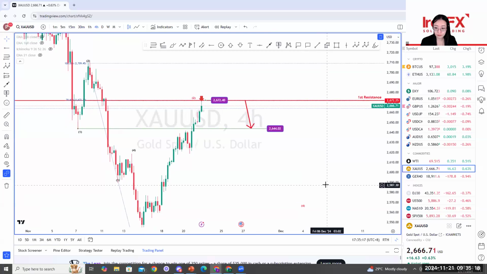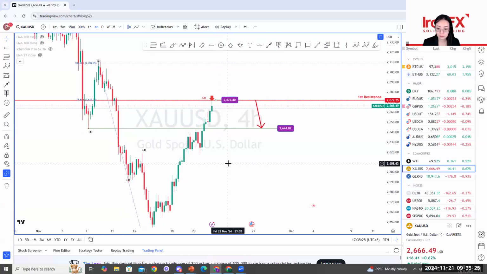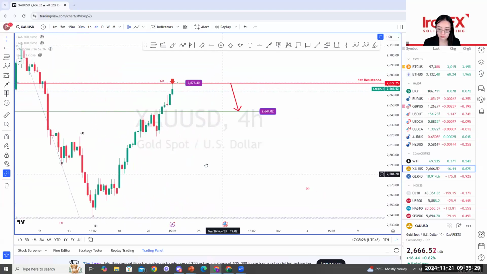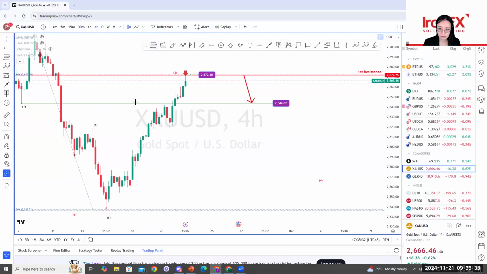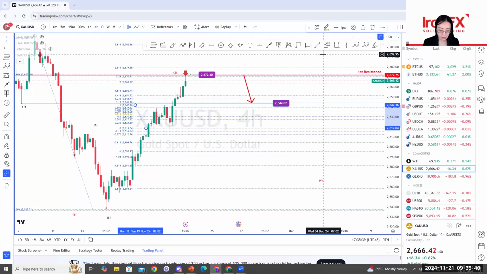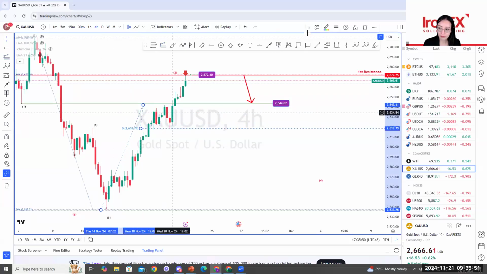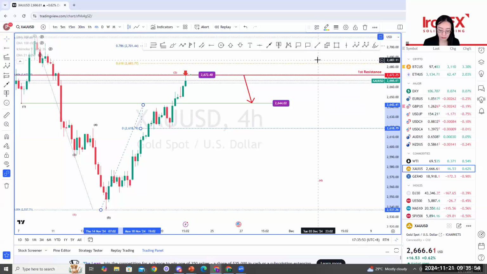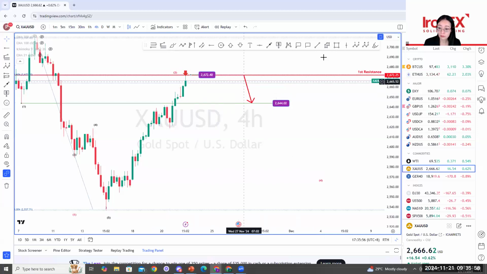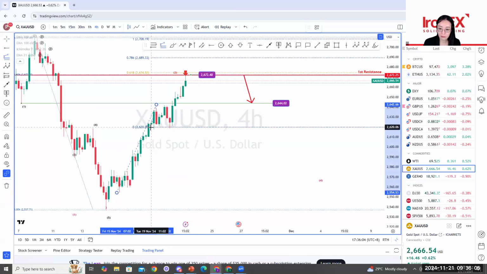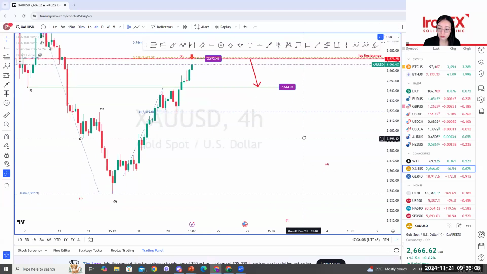Okay. This one, okay, TP1. %, here. So you want to count.